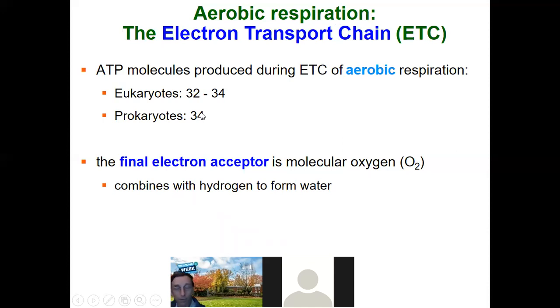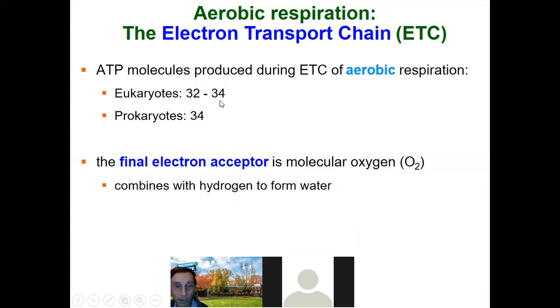You don't really need to know this, but the cells in your body which are more efficient and generate 34 molecules of ATP are your heart, your liver, and your kidney. All the other cells in your body, including your brain, your skin, your nose, only generate 32 molecules of ATP for each molecule of glucose.